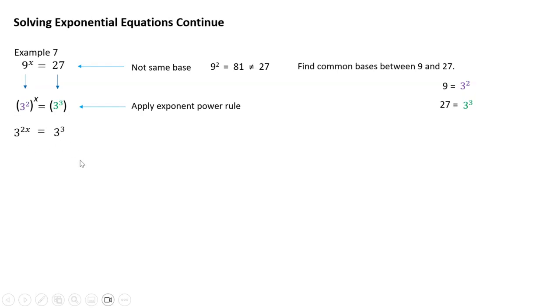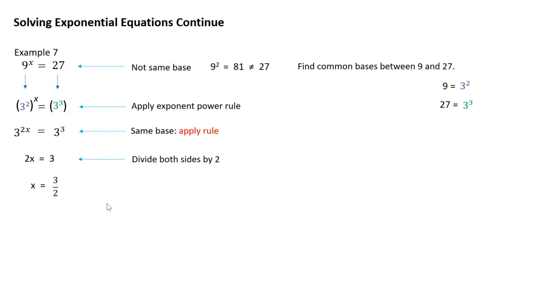Now we have the same base, which means when you have the same base, the exponents must equal each other. So 2x equals 3. Now we can divide both sides by 2, and the answer will be 3 over 2.